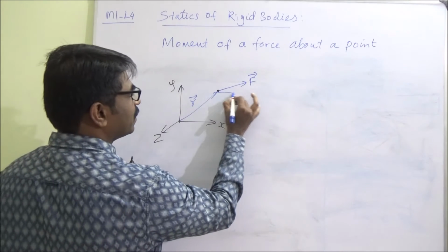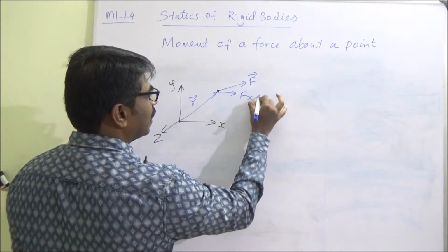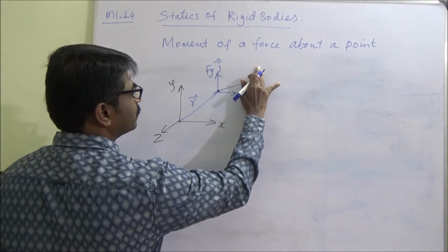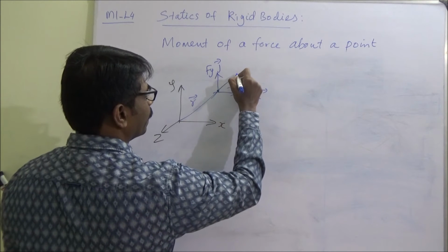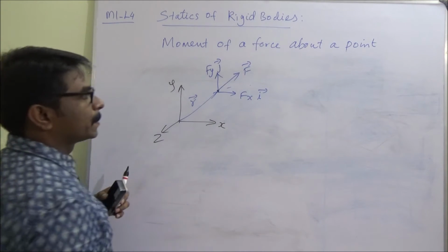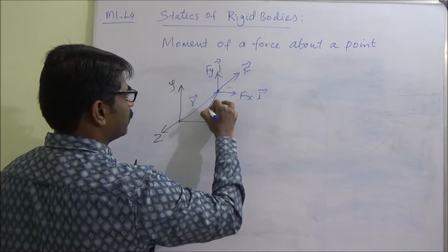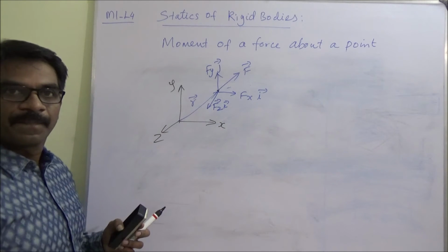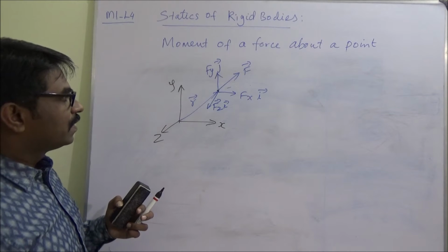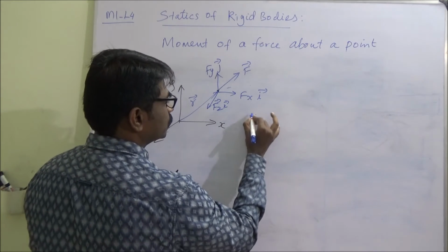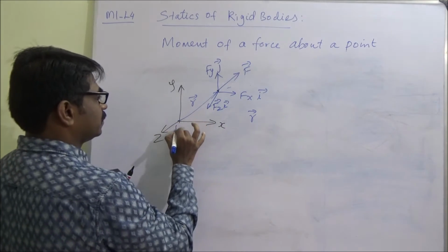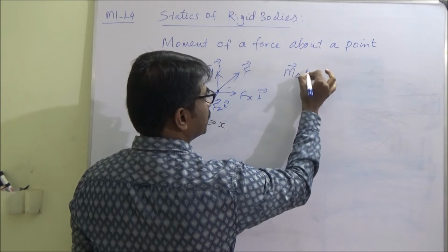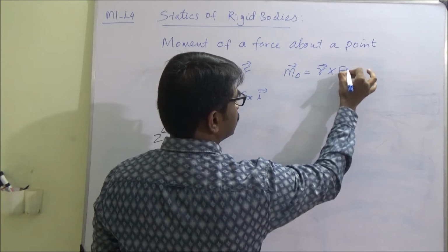So then it will have Fx i vector, Fy j vector, and Fz k vector, right? So now R vector, moment about O vector is R vector cross F vector.